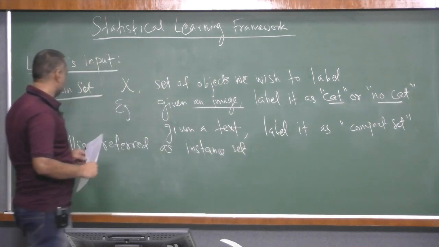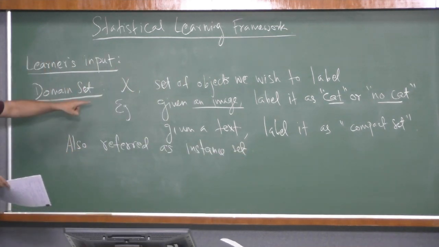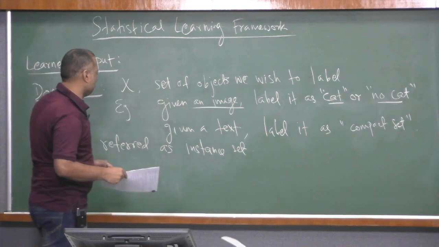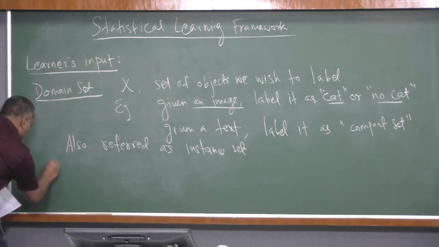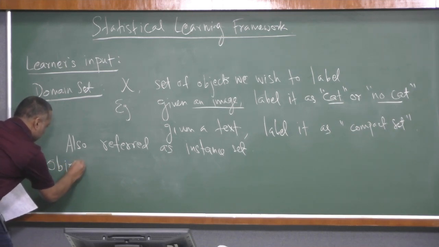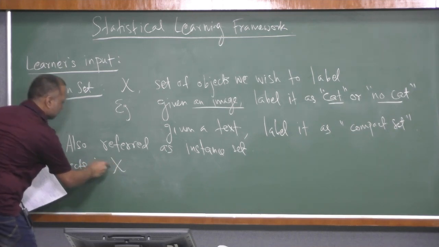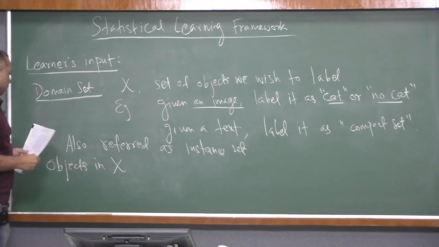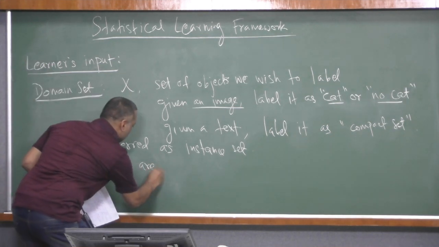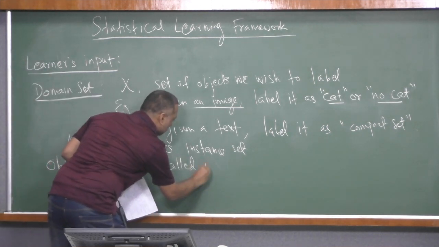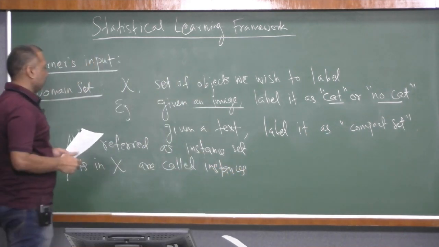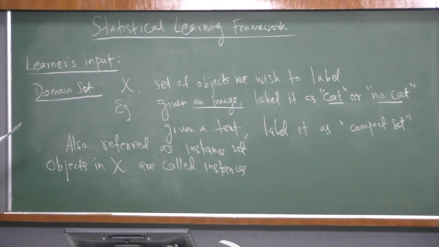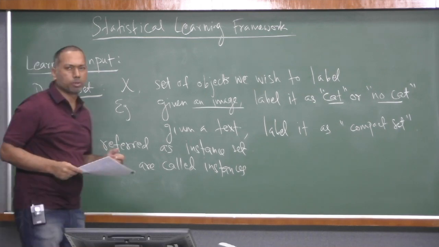The objects in this domain set can be called samples, can be called instances. So let's say this is our domain set notation: objects in X are called instances. Sometimes we will also call them features.